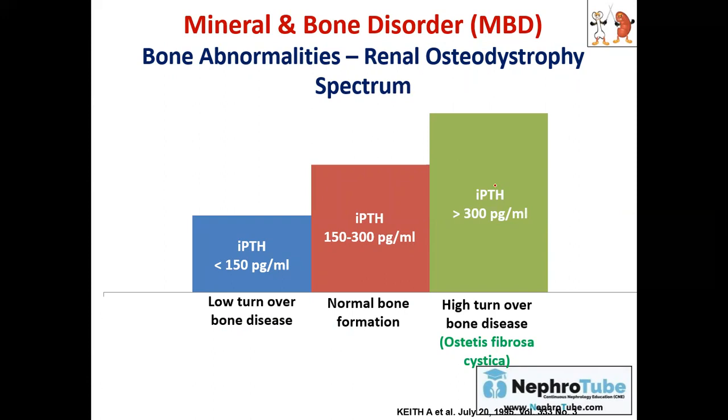If PTH is more than 300, we have what is called high turnover bone disease, which was classically called osteitis fibrosa cystica. And not surprisingly, we may find mixed lesions in one patient. And this is the main dilemma and our main problem in the management of CKD patients.